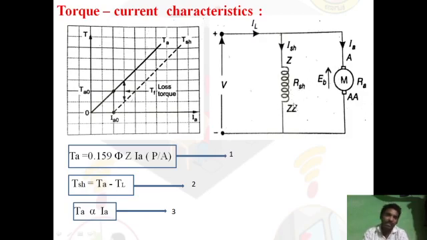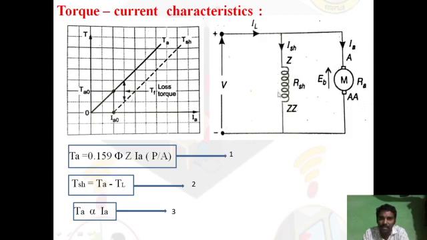If you recall the construction diagram of a DC machine, it has two parts: a stationary part and a rotating part. The stationary part is nothing but the poles. Over the poles the coils are placed and the supply is given.